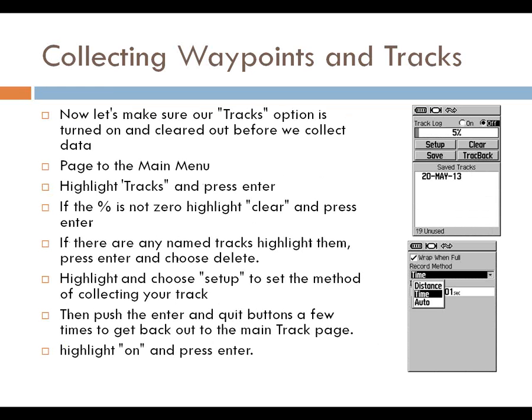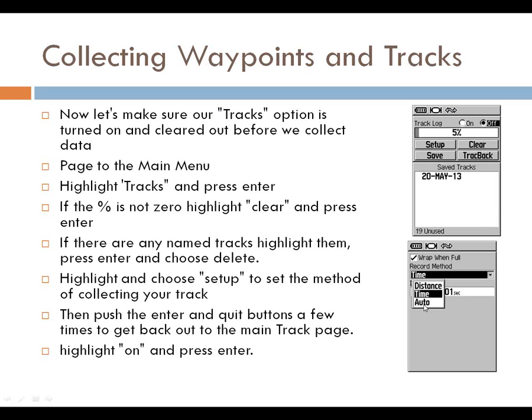If you want to collect tracks, which is essentially collecting lines or collecting trail data, in the Garmin GPS, you go into your tracks menu and you make sure initially that it's turned off, so you can do the settings. Settings include how it's going to be collected, whether by distance or time.